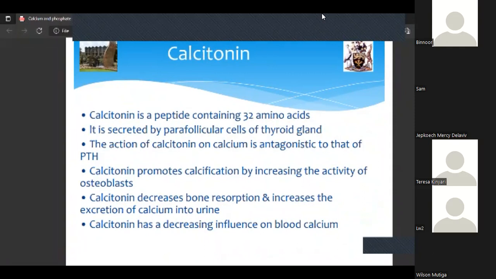So there's an element of antagonism, as opposed to the synergy that we saw between parathyroid hormone and calcitriol. Calcitonin will promote calcification by increasing the activity of osteoblasts. It will decrease bone resorption and increase the excretion of calcium in urine. So generally, calcitonin decreases the levels and actions of calcium within the blood.